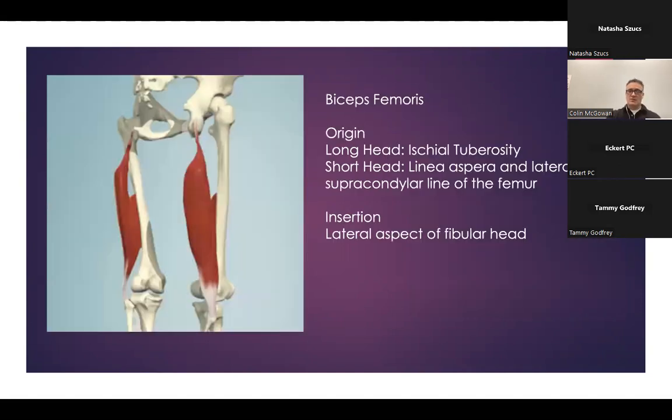So biceps femoris, you can feel it on the lateral side of the knee going to the fibular head. And like the rest of the hamstrings, it attaches right into the ischial tuberosity, so sit bone, whatever you want to call it. But the short head attaches onto the femur.